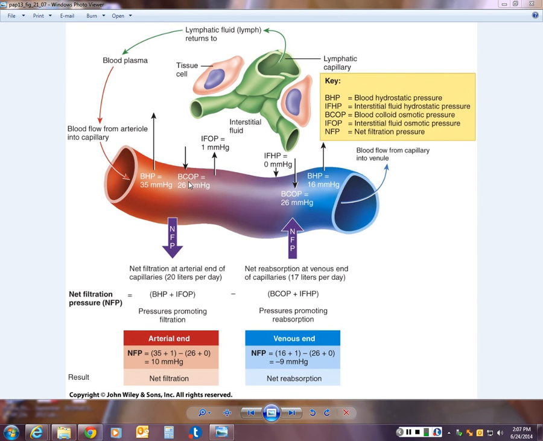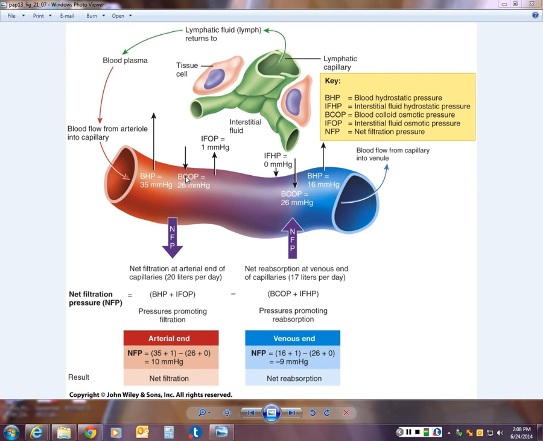The other force arising from blood is called the blood colloid osmotic pressure, BCOP for short. We call it blood colloid osmotic pressure to specifically relate to only one of the solutes found within blood. You know, there's many different solutes, obviously. There's glucose, there's various electrolytes or ions, there's amino acids, and water-soluble vitamins.